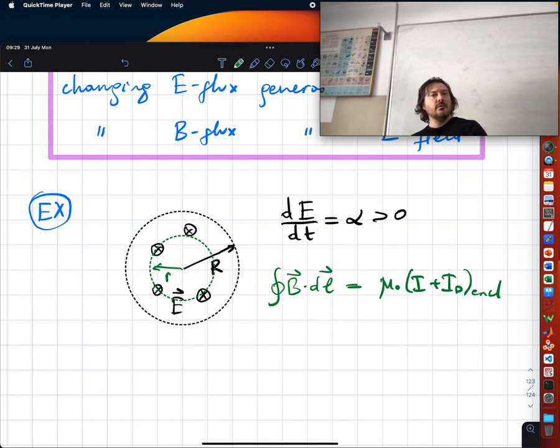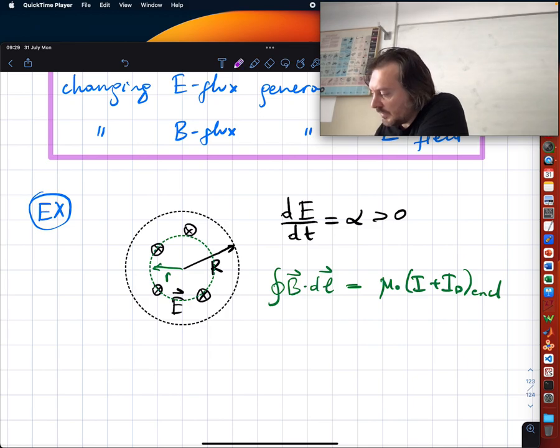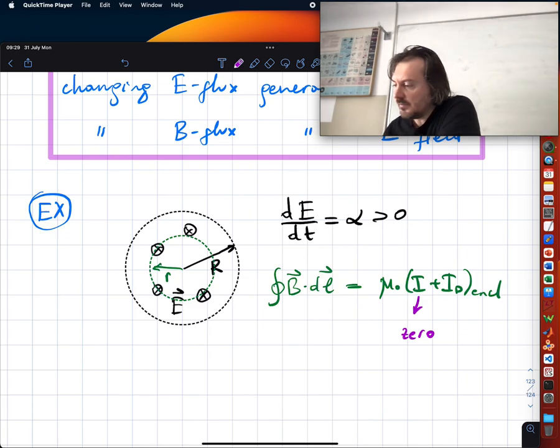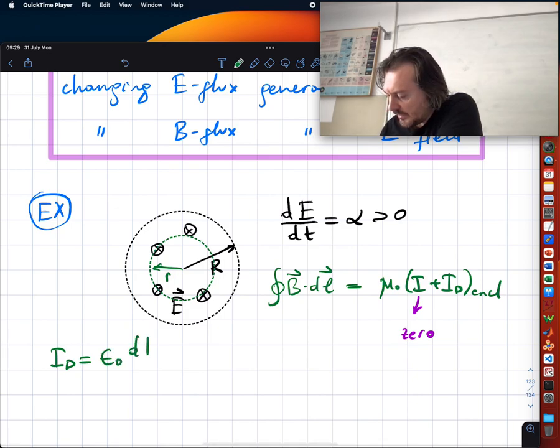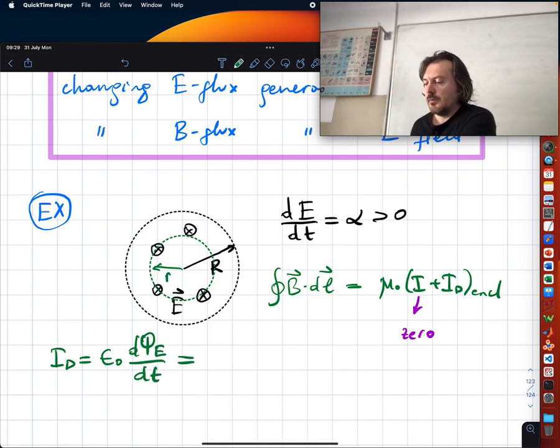There is no charge flow, so this one is 0. And I_D is current density times A, the current for that area. Why not go with epsilon 0 d phi_E over dt? You could do that as well, but it is the same thing.